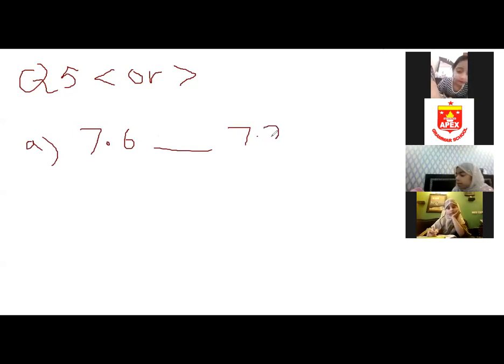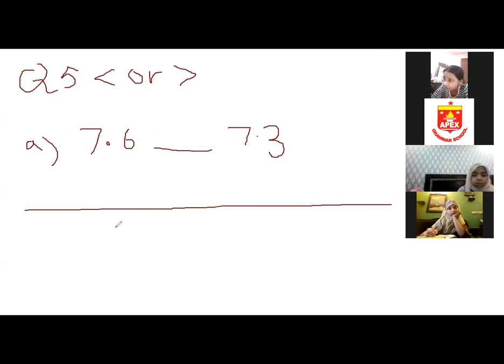With the help of a number line, how can I solve this question? I'm going to make the number line here, starting from 7 and ending on 8, and it has 10 equal parts.